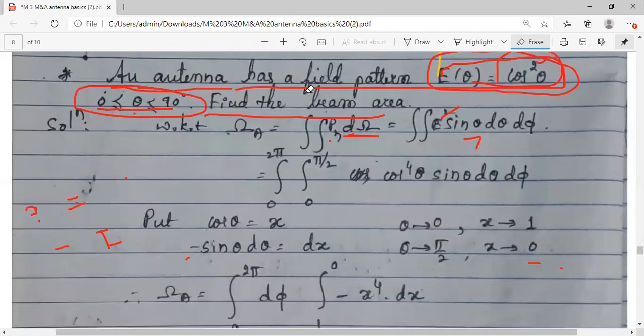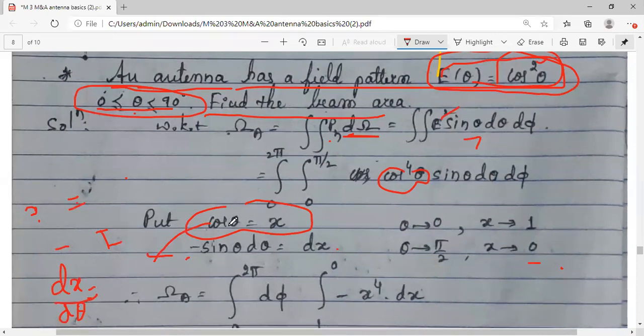In the substitution method, what we can do is substitute only cos theta, not the power. Cos theta is equal to x. So minus sine theta d theta will be dx, that is the differentiation. Let me write one more step. If cos theta is equal to x, dx by d theta will be what?